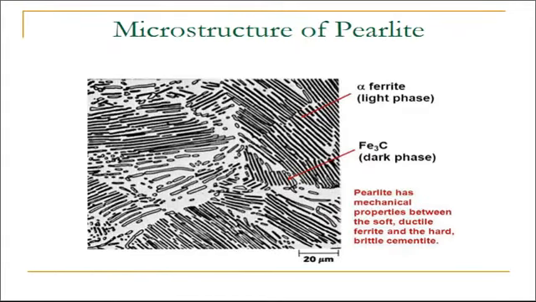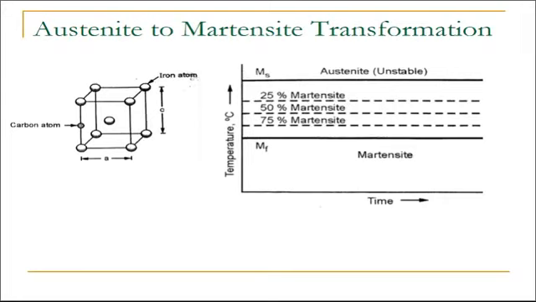This structure is a distorted form of BCC iron. Generally, this type of transformation is known as diffusion-less transformation. There is no opportunity for the carbon atoms to move or to diffuse out of the atomic structure. Hence, the carbon gets entrapped in the atomic structure in the form of BCT, that is body-centered tetragonal structure.